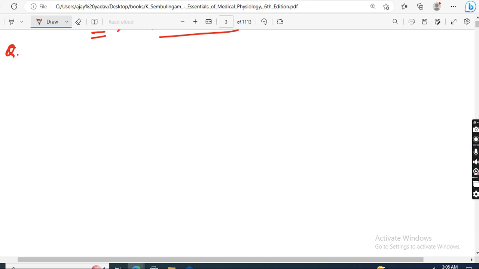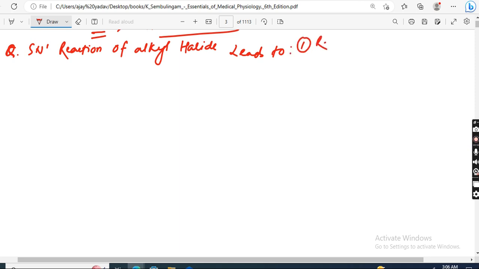SN1 reaction of alkyl halide leads to, first of all, you must understand, it leads to retention of configuration, and secondly, you must remember, it leads to racemization.